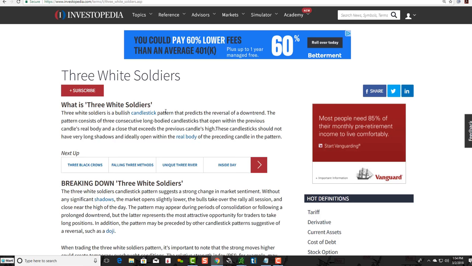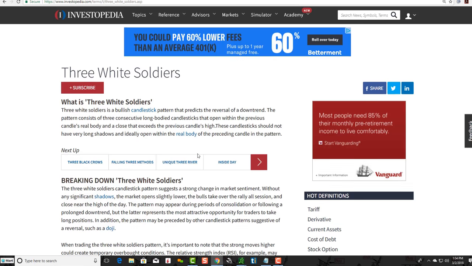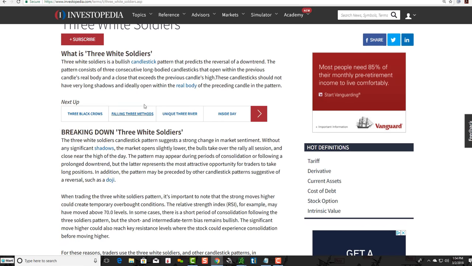These candlesticks should not have very long shadows and ideally open within the real body of the preceding candle in the pattern. It doesn't always add up that way. So ideally it opens within the real body of the preceding candle, and ideally it predicts a reversal of a downtrend, but that's not always the case.